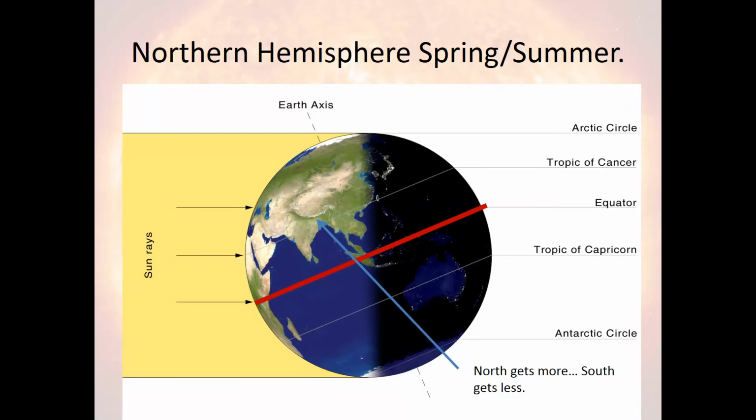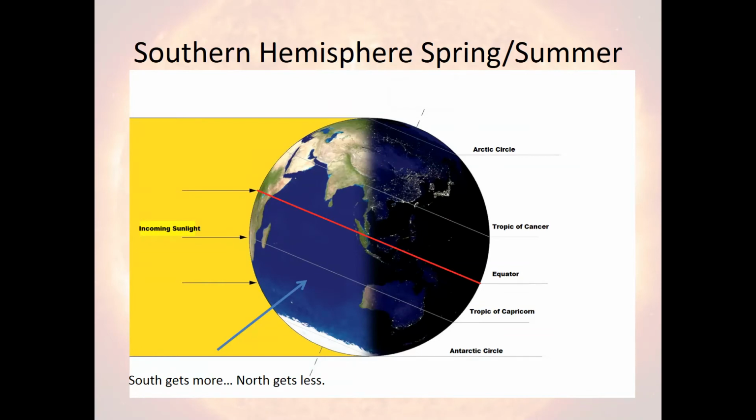And then 6 months later, when we go into our fall and winter, and the southern hemisphere is in its spring and summer, now we have the sun directly overhead at 23.5 degrees south. And at this point, the southern hemisphere is getting a tremendous amount of sunlight, whereas the northern hemisphere is getting much less sunlight.